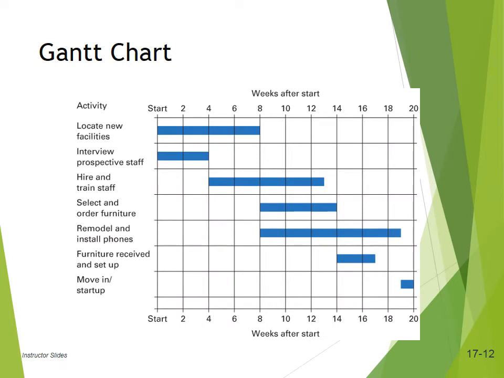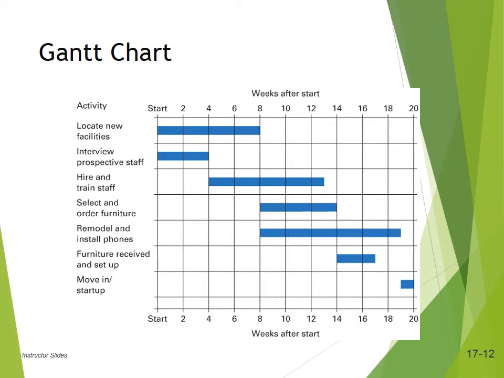Now a Gantt chart is a tool which is used to represent the project activities in a bar chart format. So the length of each of those bars is the duration of that specific activity. Say over here, locate new project. It starts at day 0. It continues up to week 8.